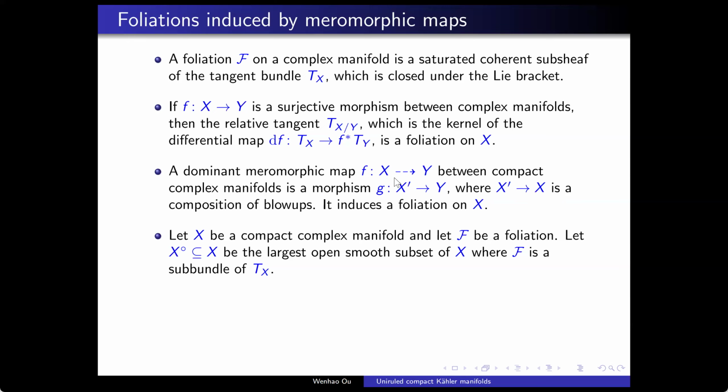Of course, we see that this foliation is independent of the choice of Y, because for rational maps, we can blow up Y higher, but we still have a rational map.